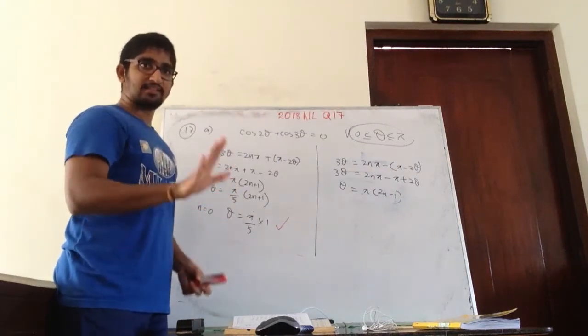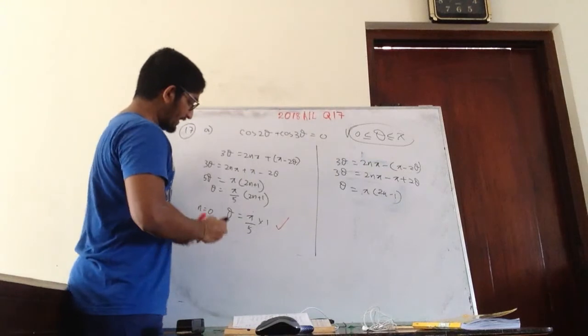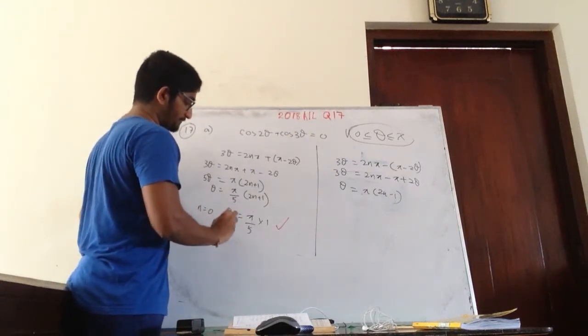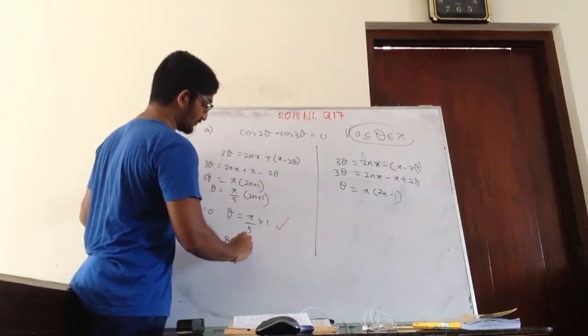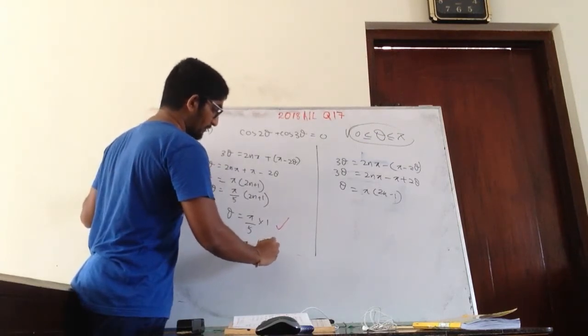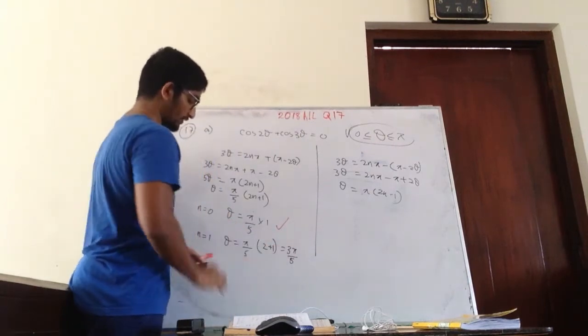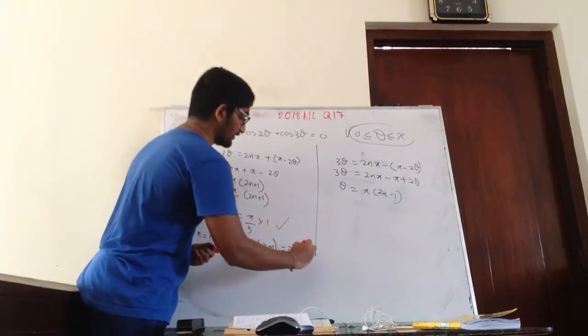So this is a theta that we can get. Then let's consider n equals 1. That is theta equals phi over 5, 2 plus 1. That means 3 phi over 5. This is also completely within.